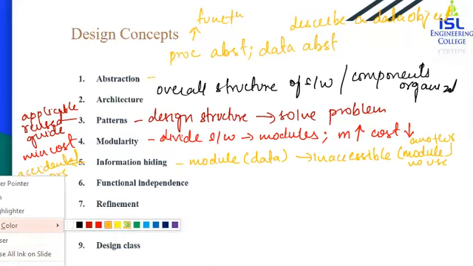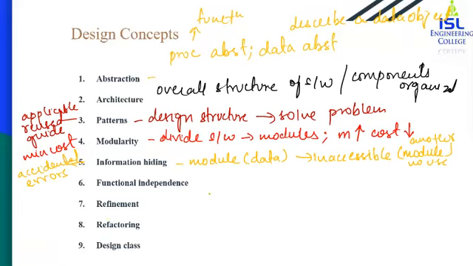The next one is functional independence. Now what is functional independence? We've studied that functional independence is an outgrowth of abstraction, modularity, and information hiding. It is an outgrowth of these 3 things. Now functional independence can be achieved via 2 concepts. What are those concepts?